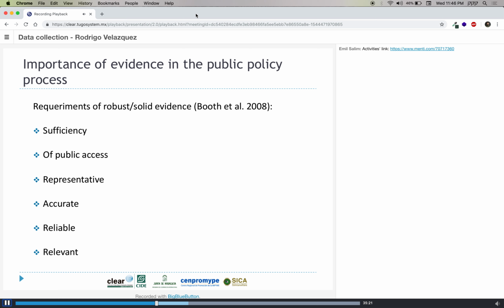So based on the previous slide concerning the requirements of sufficiency, public access, representative, accurate, reliable, and relevant, if we analyze this first evidence, it is a very simple evidence. He says the actual shoes that I have are very small.